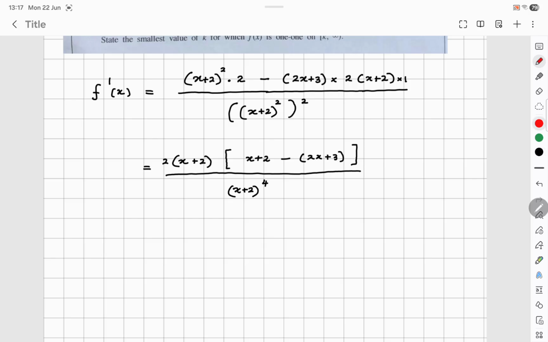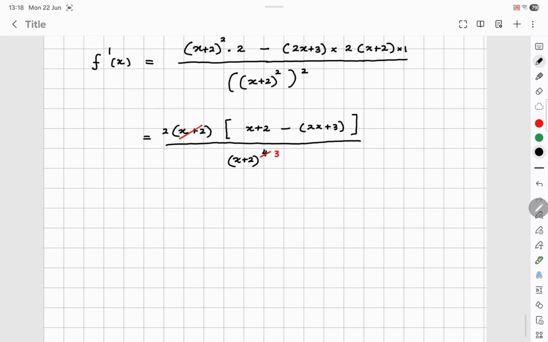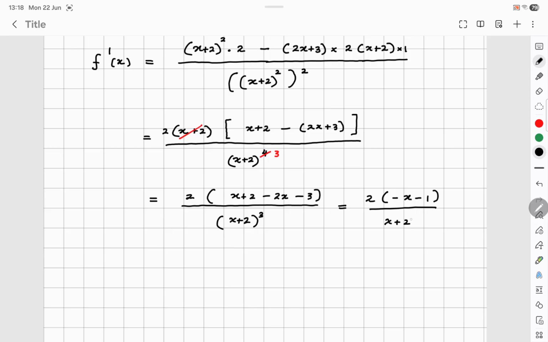Now just simplify. One x + 2 I can cancel, and I have 2 outside. (x + 2) minus 2x minus 3 over (x + 2) cubed. Then we have 2 times (minus x minus 1) over (x + 2) cubed.